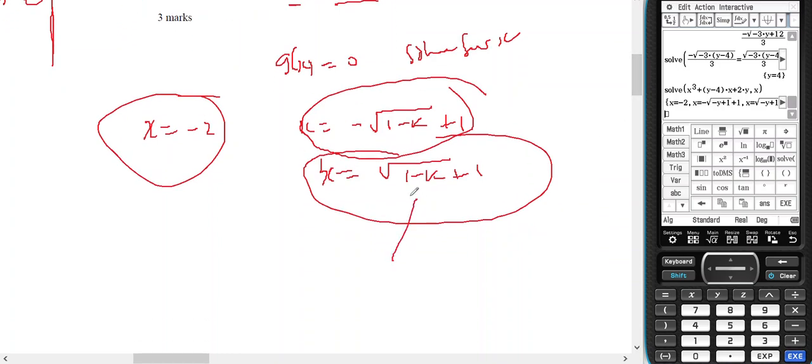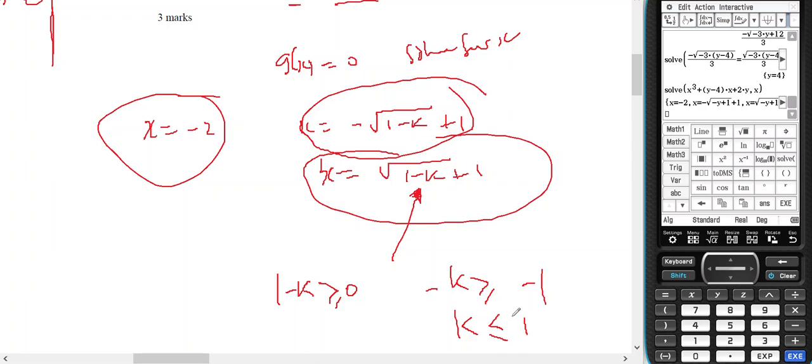Now, the values of k where that actually exists is where 1 minus k is bigger than or equal to 0, because you can't have a negative square root. So that is negative k bigger than or equal to -1, k is less than or equal to 1.